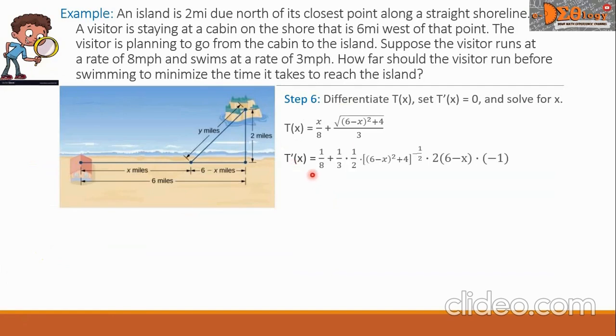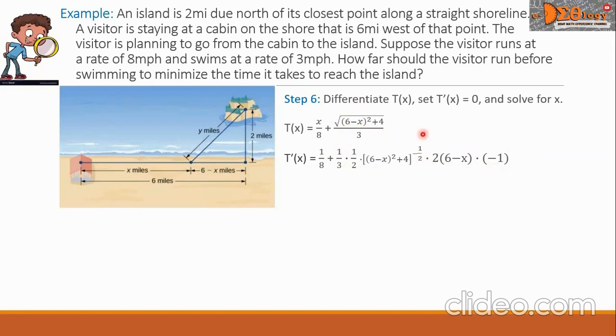T prime of x will be equal to the derivative of x over 8, which is 1 over 8, plus the constant 1 over 3 times 1/2 times the radicand raised to negative 1/2 times the derivative of the radicand, which is 2 times the quantity 6 minus x times the derivative of negative x, which is negative 1.